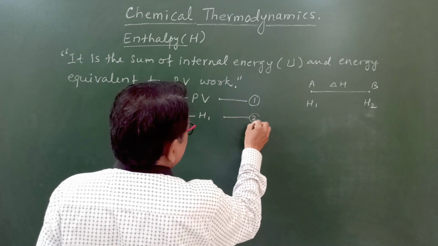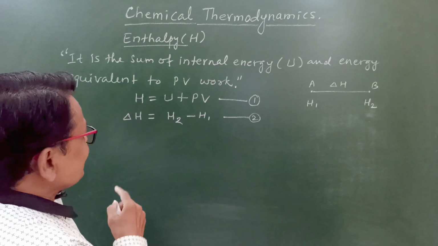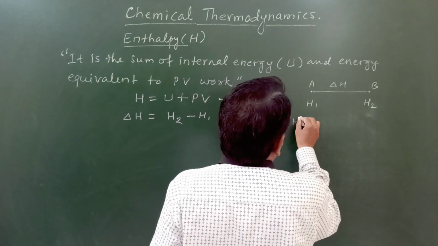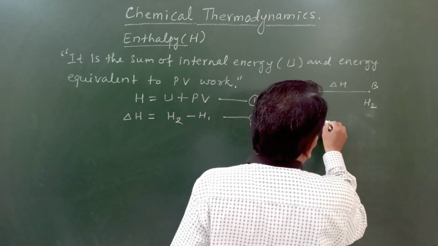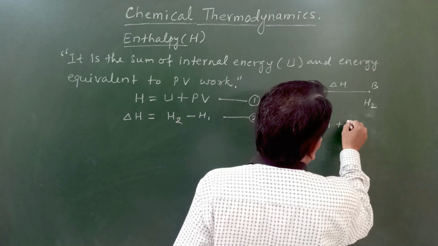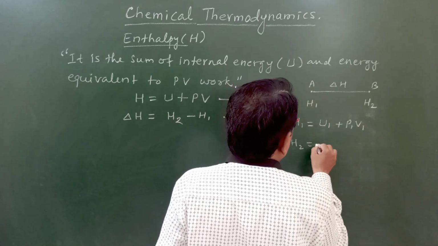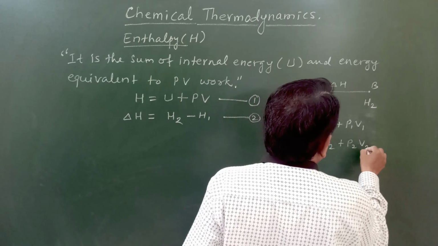Suppose it is equation number 2. We are going to write the equation for enthalpy change. According to the definition of enthalpy, H1 is equal to U1 plus P1 V1 and H2 is equal to U2 plus P2 V2.